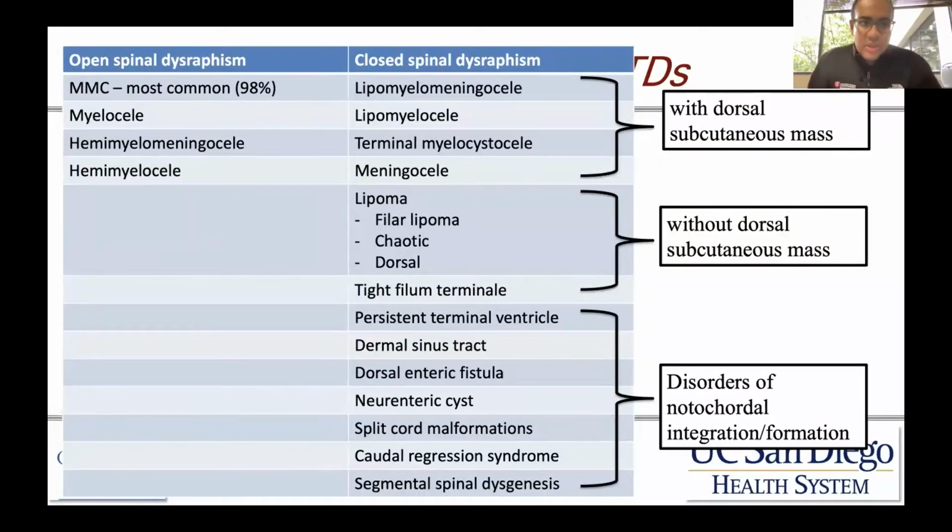Other ones include a myelocele, a hemimyelomeningocele, and a hemimyelocele. I'll tell you, the bottom three I have never encountered in clinical practice or in training. Closed spinal dysraphism, we'll go through these categories a bit later on, but I want to spend a majority of our time today talking about myelomeningocele.